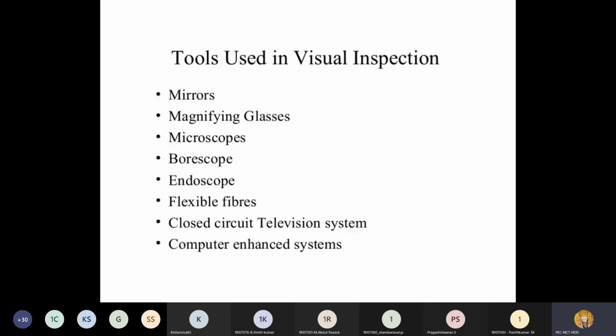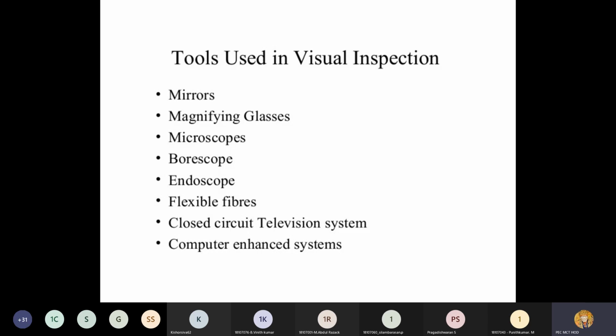Aided visual means with the help of some tools, maybe a mirror, magnifying glass, microscope, borescope, endoscope, flexible fibers, closed circuit television system, and computer enhanced systems. These are a few examples of aided tools, that is, helping tools for visual inspection techniques.